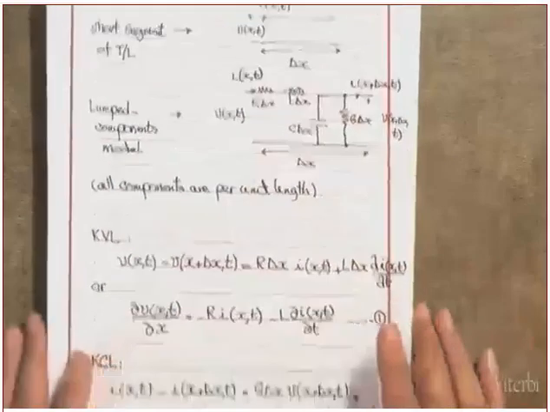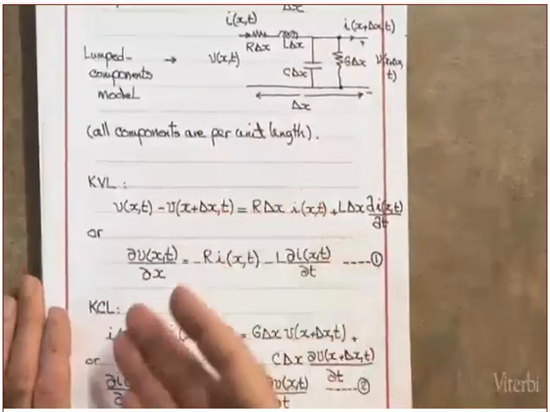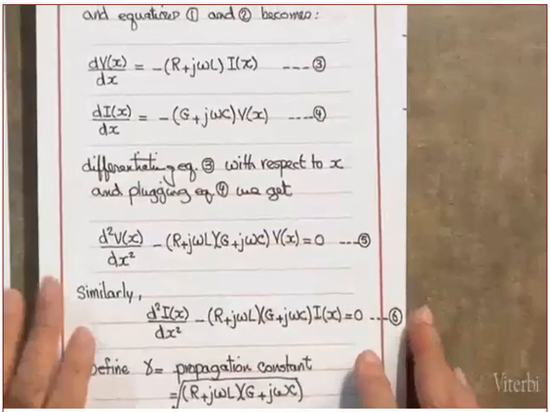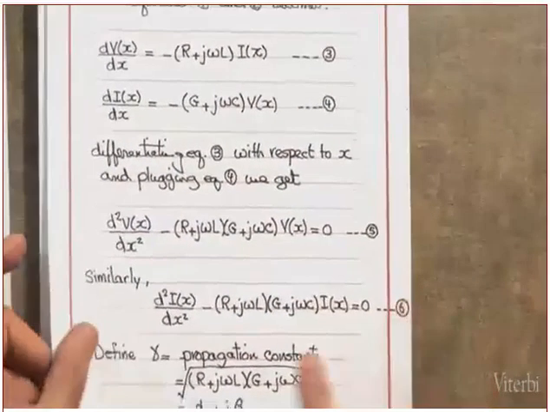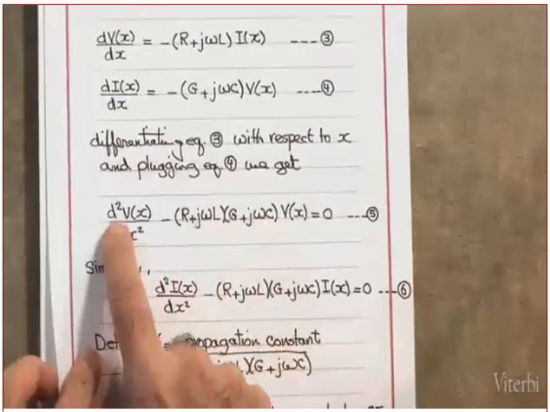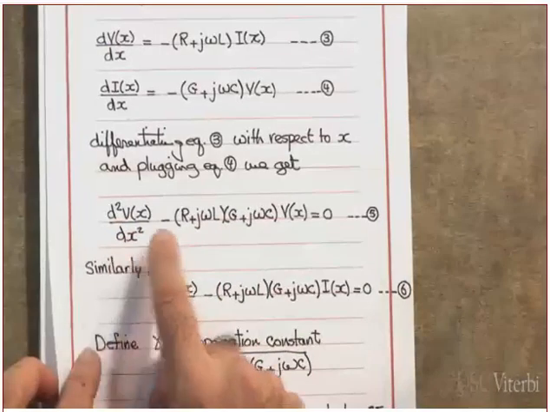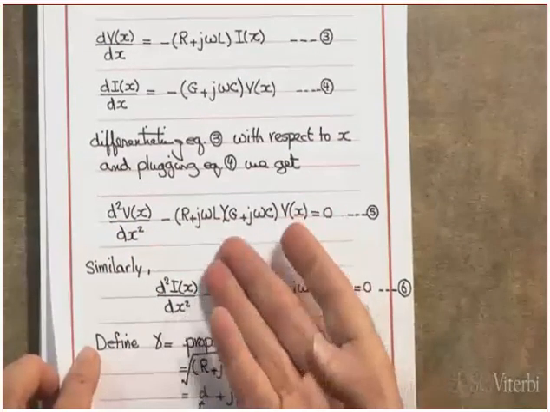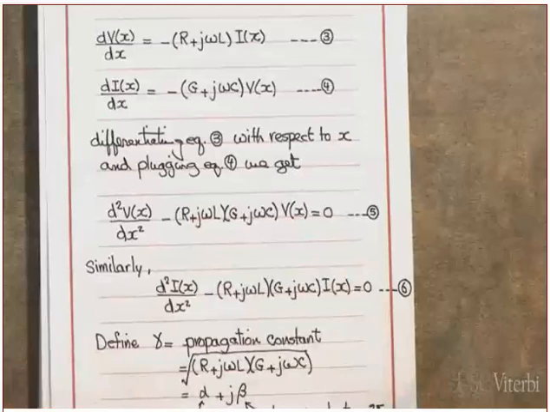We went through this analysis, Kirchhoff's voltage law and Kirchhoff's current law, and we ended up with a very interesting equation. The interesting equation is this one here: d squared V of x over dx squared minus this term times V of x equals 0. This differential equation is of what order? Second order.